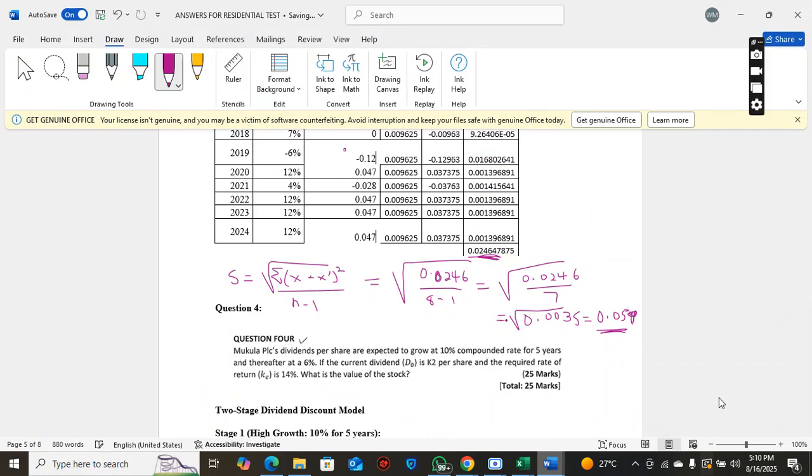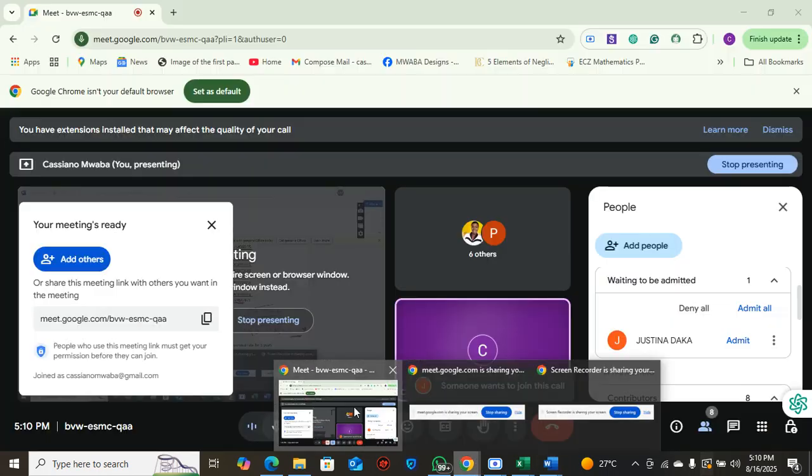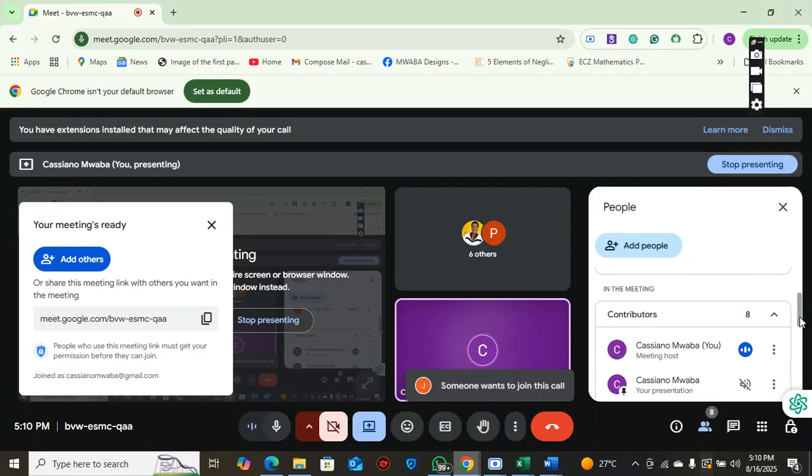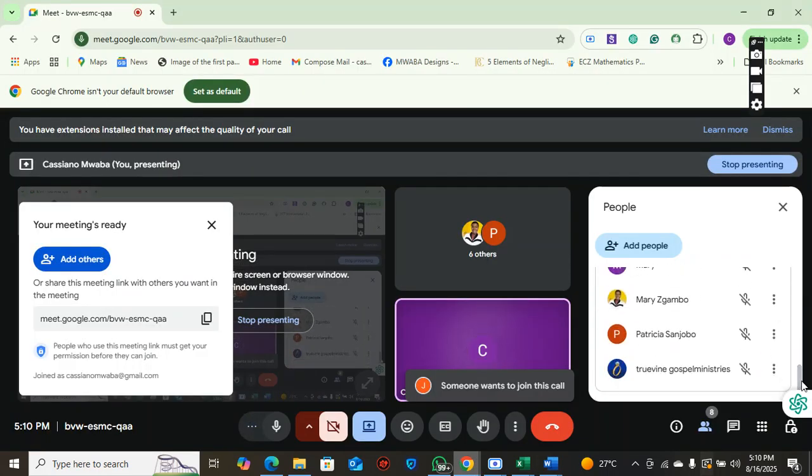Colleagues, what's the formula for the expected dividend? Today we're too quiet. I do not know why we're quiet. Mr. Muhang, how do we find the expected dividends?